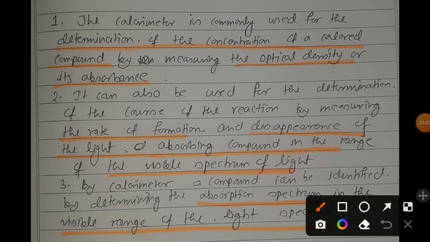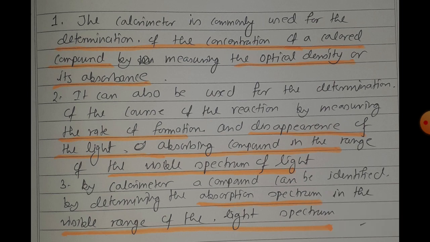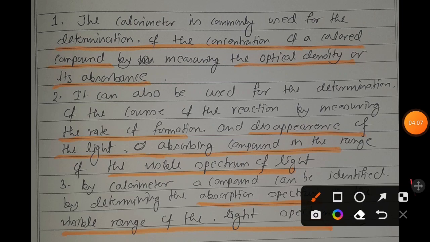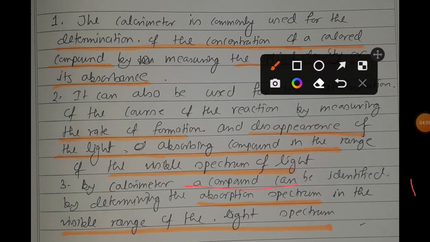One is to determine the concentration of the colored compound, second is to determine the course of the reaction, right, by determining the rate of formation and disappearance of the light absorbing compound using light of visible range, and another important thing, that with the help of colorimeter we can find out whether a compound is present or not. That is the identification of a compound.